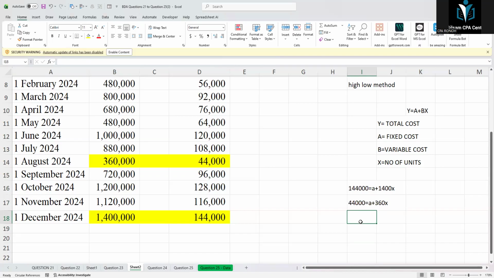We cannot use substitution, so let's use the elimination method. If you subtract a minus a, it will cancel out. Now take 1400 minus 360, and you get 1040x.